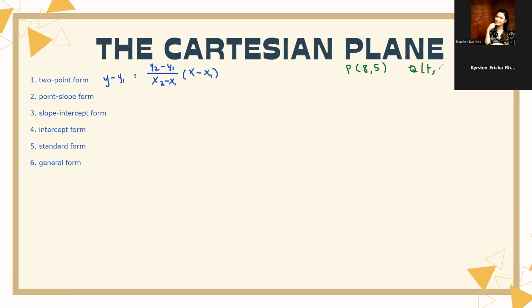How this will go is you just plug in your values. You have y minus y1, which is 5, is equal to y2 minus y1 over x2 minus x1. Wait lang, bakit nilagay ko negative 5?